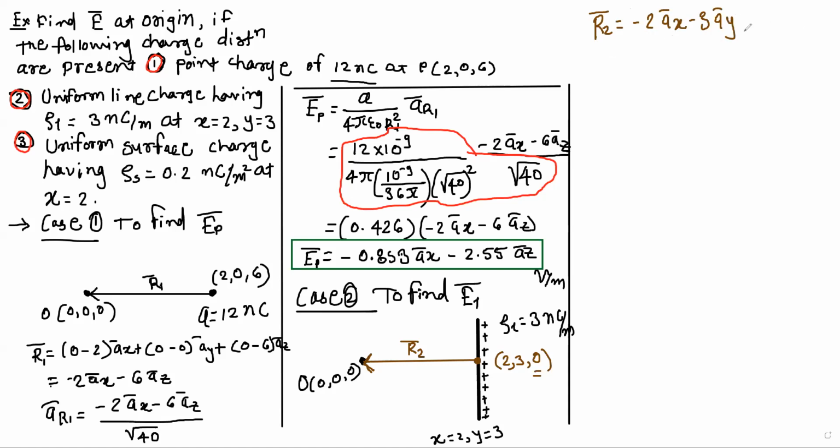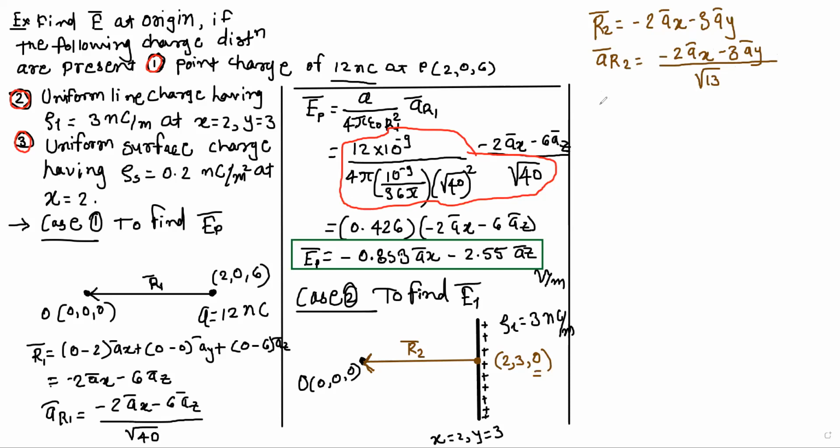So this would be the vector. Now you can calculate a bar R2. A bar R2 is equal to the vector, 2 a bar x minus 3 a bar y, divided by magnitude under root 13. So this is the magnitude, and we got a bar R.